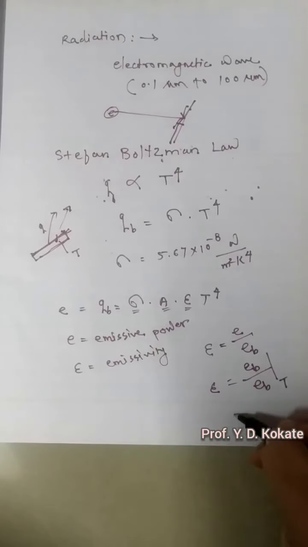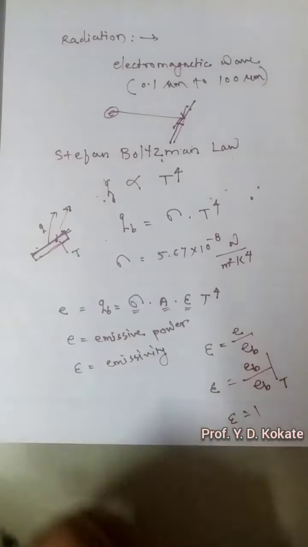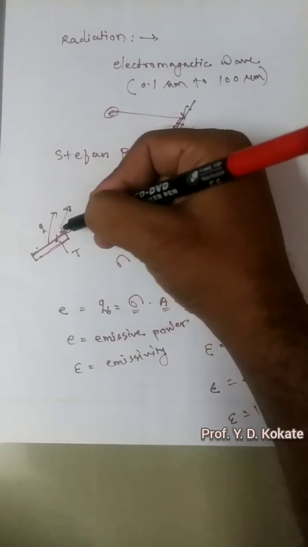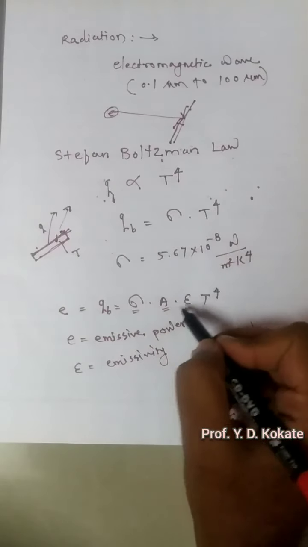So EB will be cancelled, and we get emissivity 1. But if it is a gray surface, the emissive power of that surface is not exactly equal to the emissive power of the black surface. So the emissive power of the gray surface is E and the emissive power of the black surface is EB. So emissivity is the emissive power of that surface to the emissive power of the black surface at the same temperature. That emissivity we will take over here.